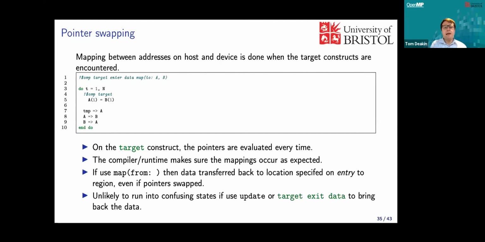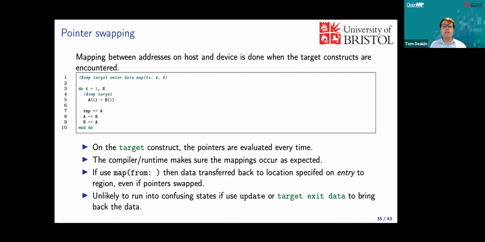So when I re-encounter the target region for t equals 2 on the second iteration, A and B now point to the other places. That's fine, because those get evaluated every time the target construct is encountered. We're not mapping them. We're just checking what the mapping between the host and the device memory spaces is, and this is done by the compiler and the runtime.